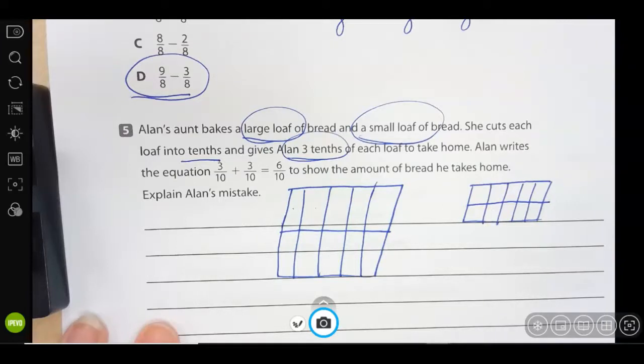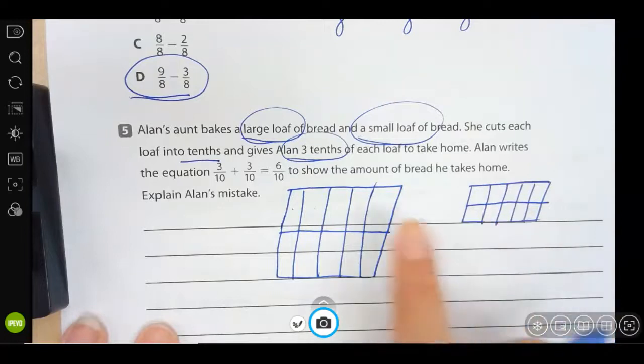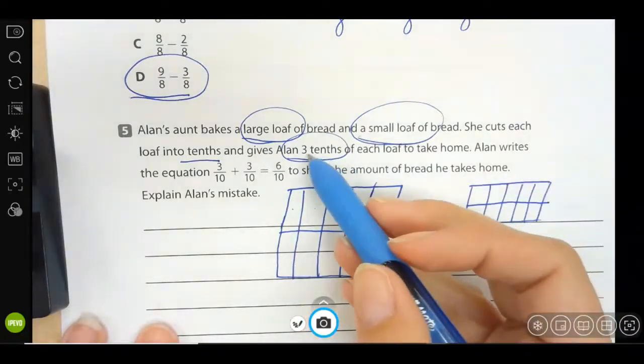So we have a large loaf and a small loaf, and they're cut into 10 pieces. First of all, do you guys agree that they're both cut into 10? Yeah, okay.